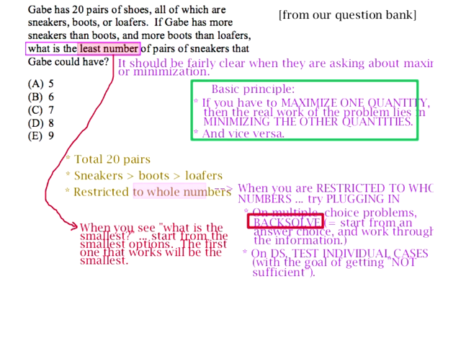So the deal is that we have sneakers, we have boots, and we have loafers. And again, it's always good to write organizational information on the table. What I'm referring to in particular is I would want to write that this is supposed to be a minimum value because you're trying to minimize the number of sneakers, which means that these two are maximum values.